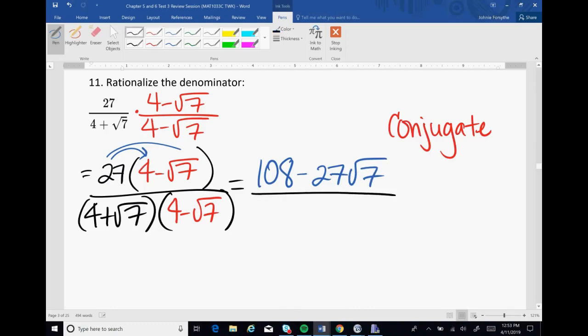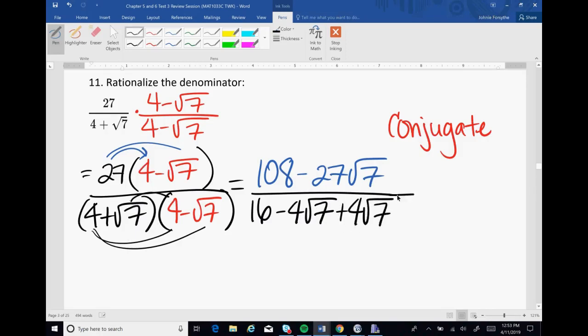In the denominator, we're going to FOIL. 4 times 4 is 16. 4 times negative root 7 is negative 4 root 7. Root 7 times 4 is positive 4 root 7. And root 7 times negative root 7 is negative root 49.